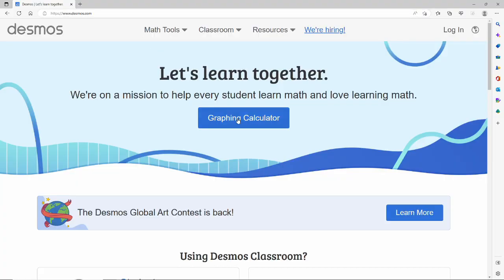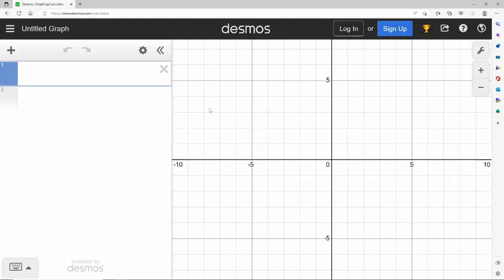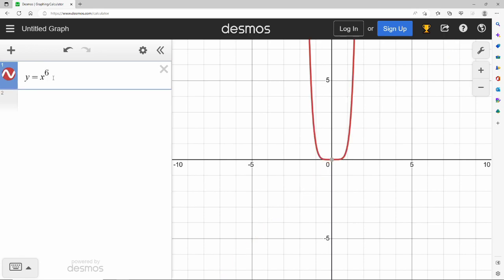and then we can click on graphing calculator, and now we type in our y equals x, and we use this caret symbol to get the cursor up. No, not y equals x to the 6. On my computer the caret symbol is over the 6, but we want y equals x cubed. So this is what our y equals x cubed looks like.